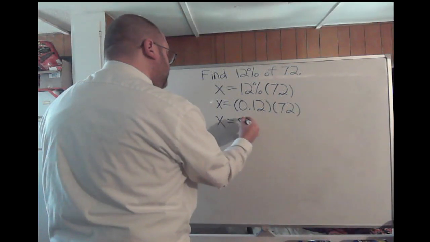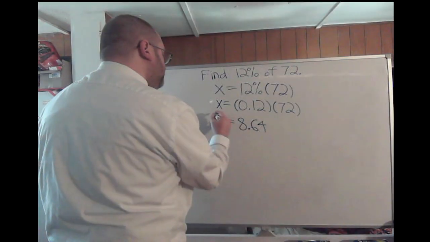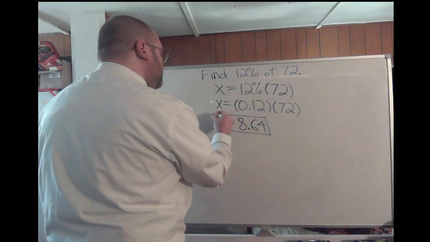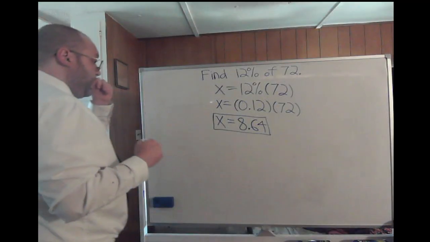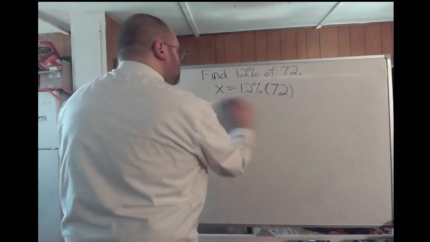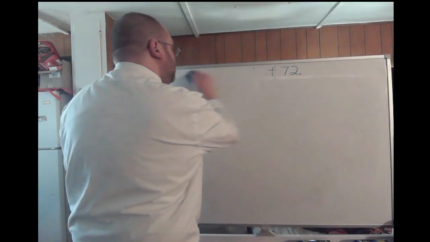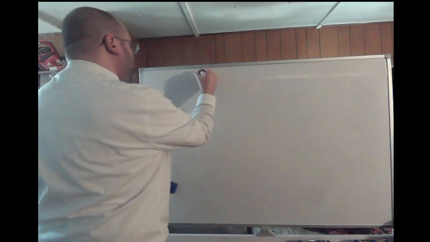So x is equal to 8.64. Therefore, 12% of 72 is going to be 8.64. So this is much easier, in my opinion, than dealing with the percent proportion, but we still had to do it.